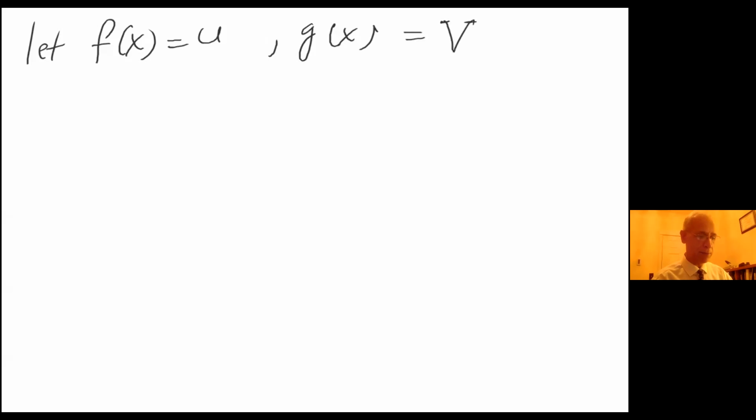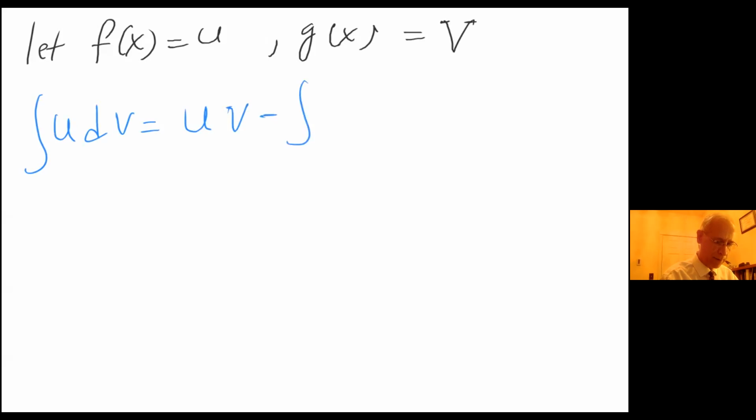Now, using this substitution, I can write that integral of u dv equals u times v minus integral of v du. And so now that's our formula. Let's have an example. Let's use that and have just one example to show you how powerful this integration by parts can be.